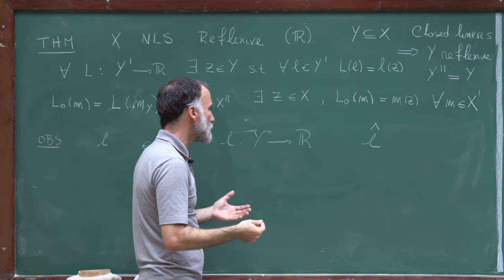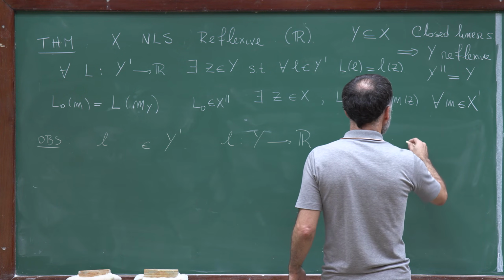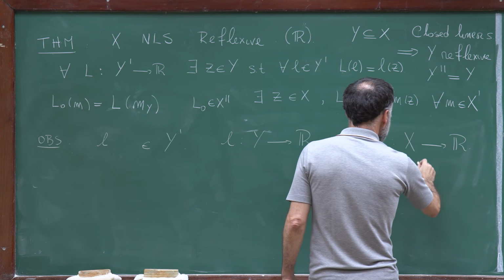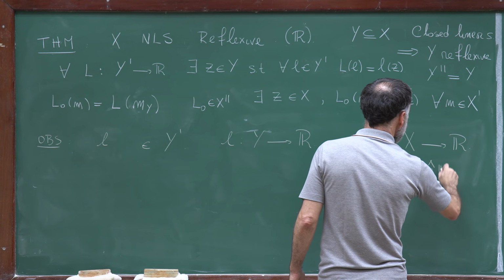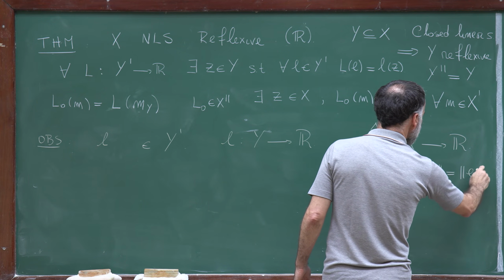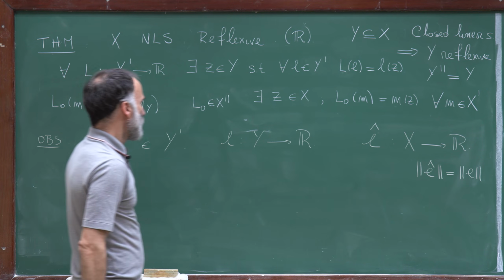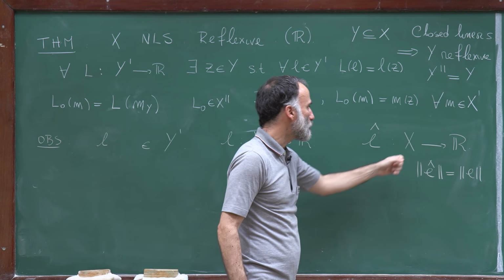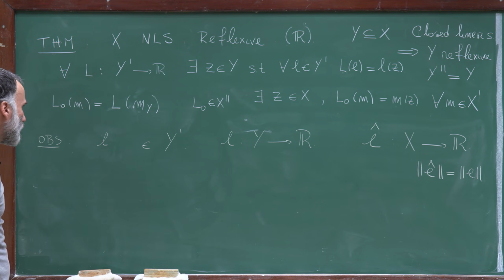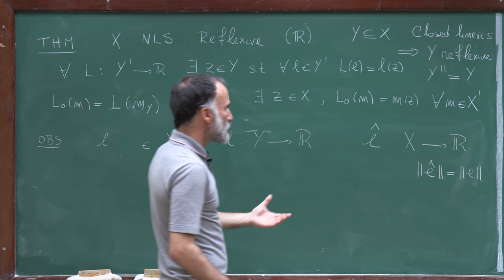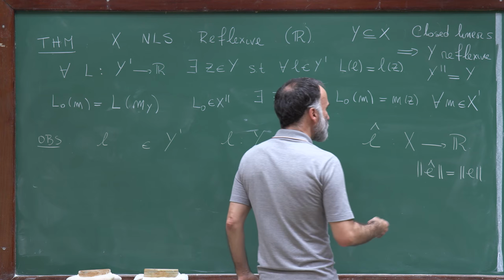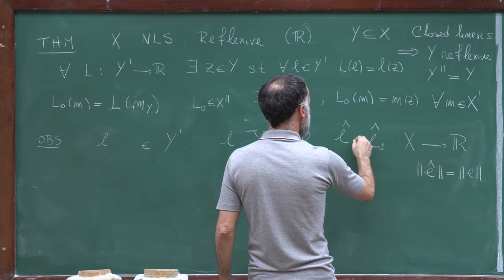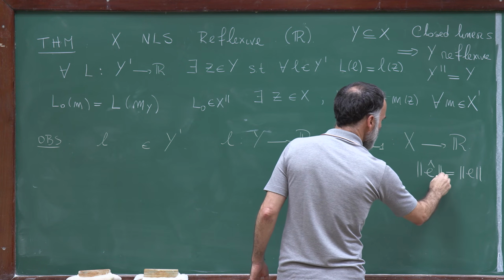There are many extensions, but let's consider one of them. And this extension is built in such a way that its norm is equal to the norm of l. So we started from a bounded linear function defined on Y, and we obtained one which is defined on X. And as we have seen, this extension is not unique. So let's denote by l hat 1 and l hat 2 two possible extensions.